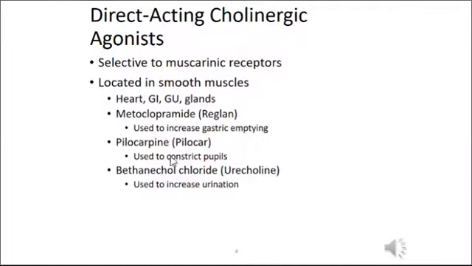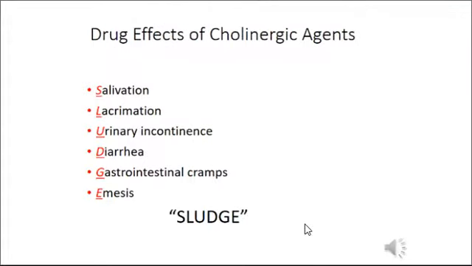So that's why it would be used to constrict pupils for certain procedures. And it's used to treat glaucoma, to decrease the pressure in the eye. The next slide gives you a good picture with the cholinergic SLUDGE of exactly what the cholinergic drugs will do.